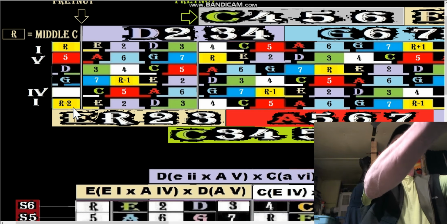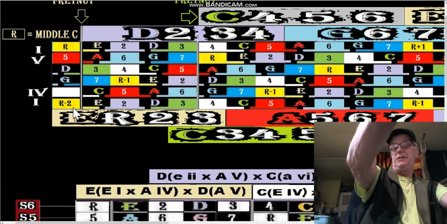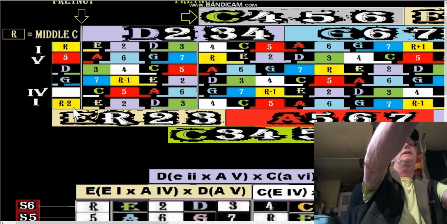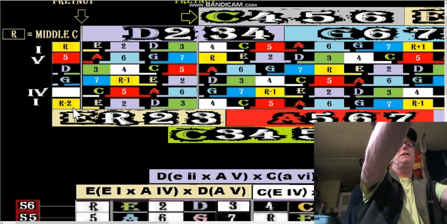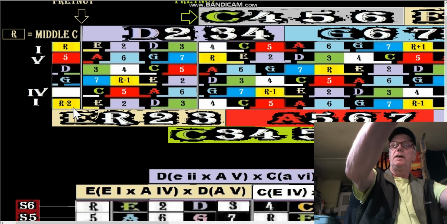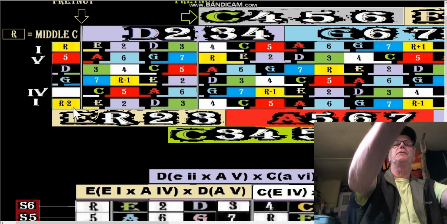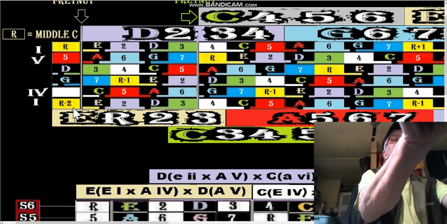G is the third of E flat, the second of F. G is its own root. It's the seventh of the key of A flat, the sixth of B flat, and the fifth of the key of C, even though that would be a C minor.